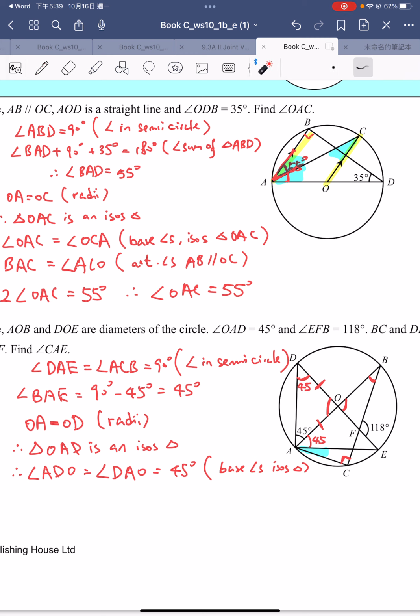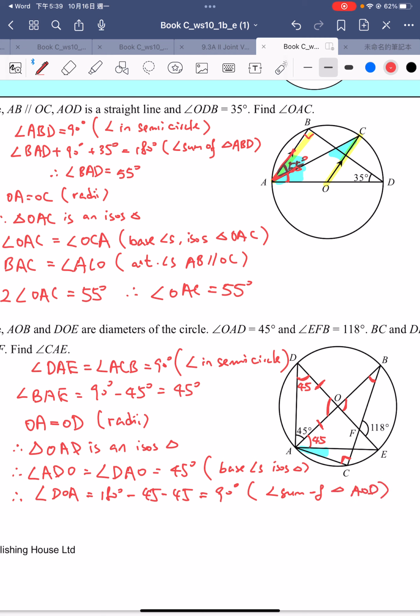So now we can use the angle sum of triangle to find out the angle O. So we have the angle DOA is equal to 180 degrees minus 90, which will give you a right angle, 90 degrees. So the reason is the angle sum of triangle AOD.